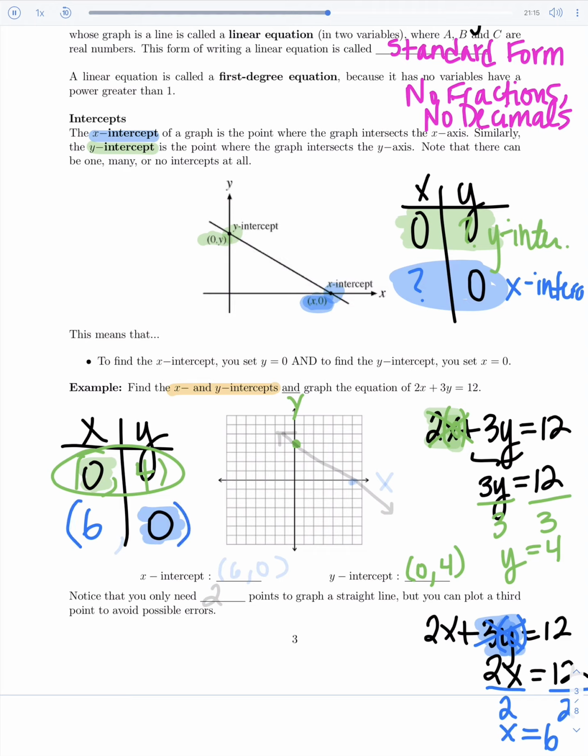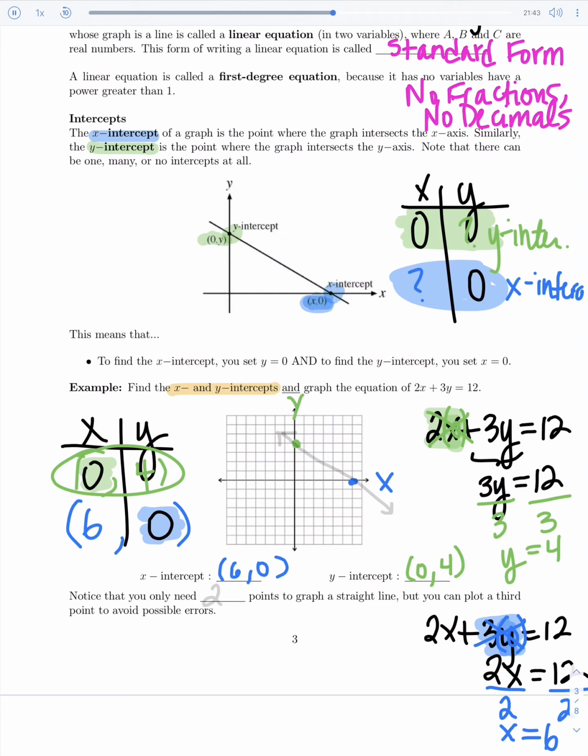Well, that's the point 6 comma 0, which means I'm going to go to the right 1, 2, 3, 4, 5, 6. But the y is 0 this time, so I won't go up or down. This time I've got only an x value. I'm hitting the x-axis, so this one is called my x-intercept because I'm intersecting the x-axis. So my x-intercept is the point 6 comma 0.